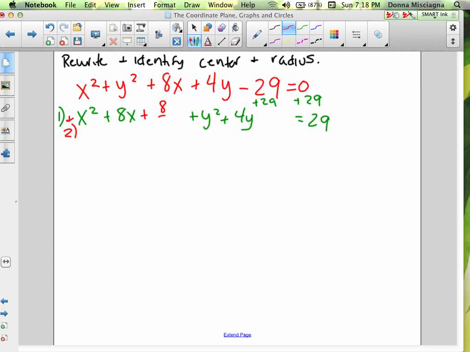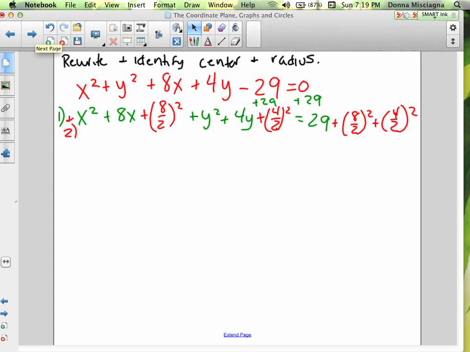So that would be 8 divided by 2 squared, and 4 divided by 2 squared. And if you do it to one side, you have to do it to the other side. So 8 divided by 2 squared and 4 divided by 2 squared. Oh, that's a horrible looking 4. It's moderately better. All right, so now our next step is going to be to simplify.